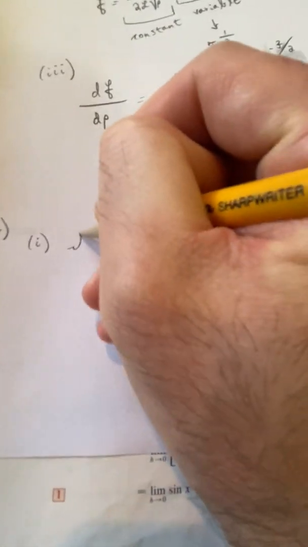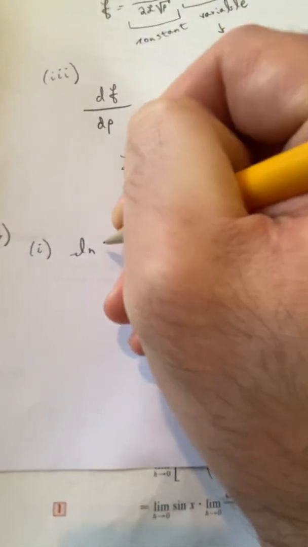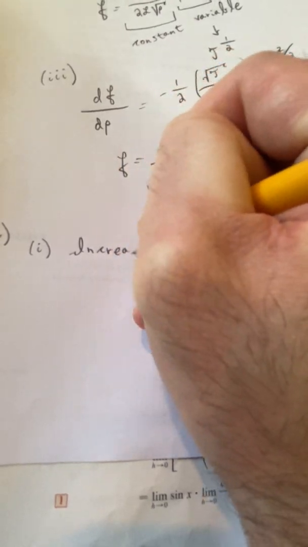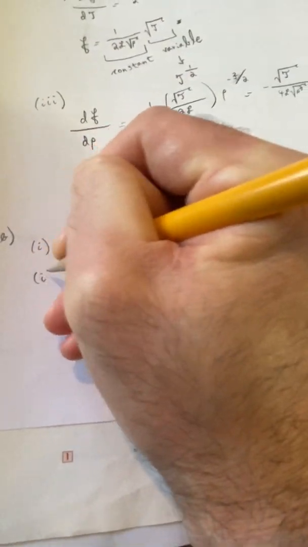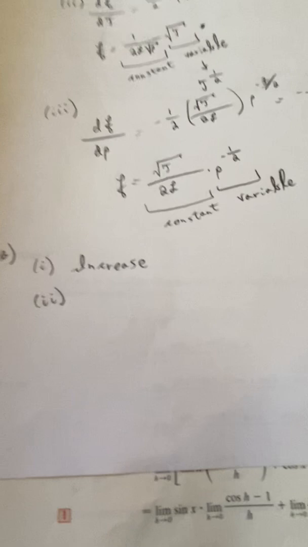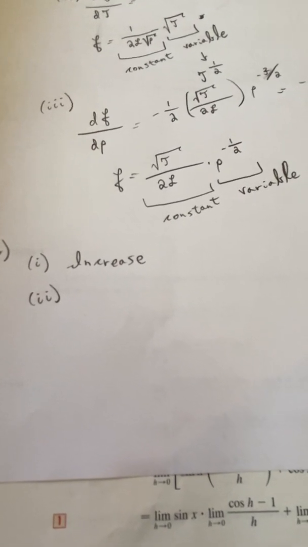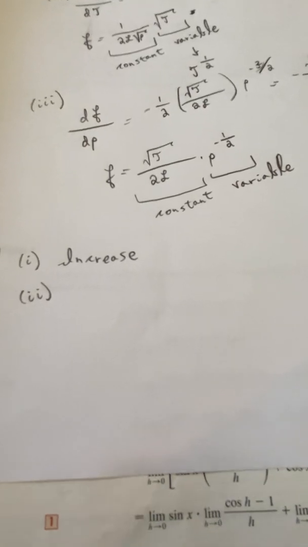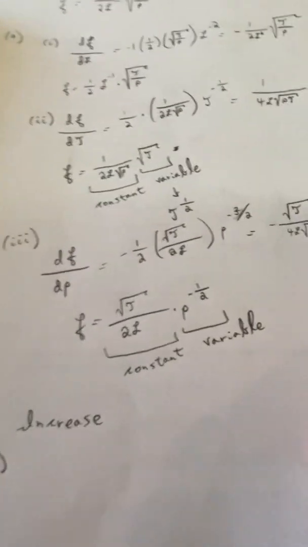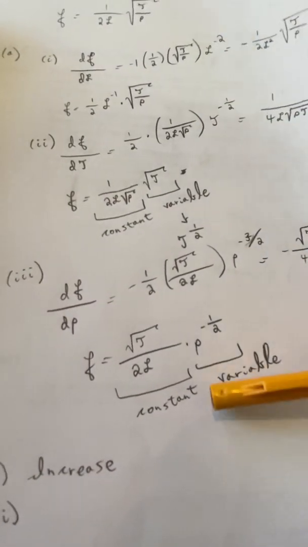So all we have to say for Roman numeral 1 is increase. Okay. Similar idea for Roman numeral 2. They ask you the tension is increased by turning a tuning peg. So we're going to look at dF dT.